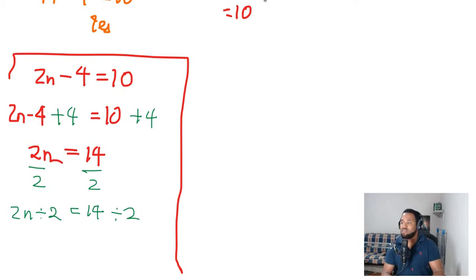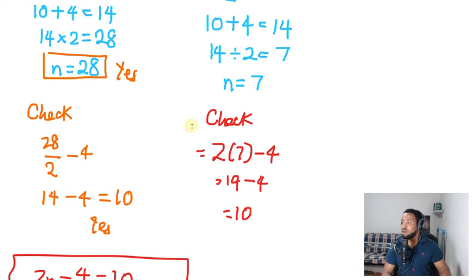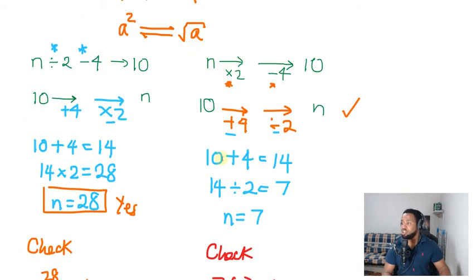So on this side, 2 divided by 2 gives you 1, which means we are left with n. And then on the right side, we have 14 divided by 2, which gives you 7. And so this is another way to go about solving this same question that is given right here.